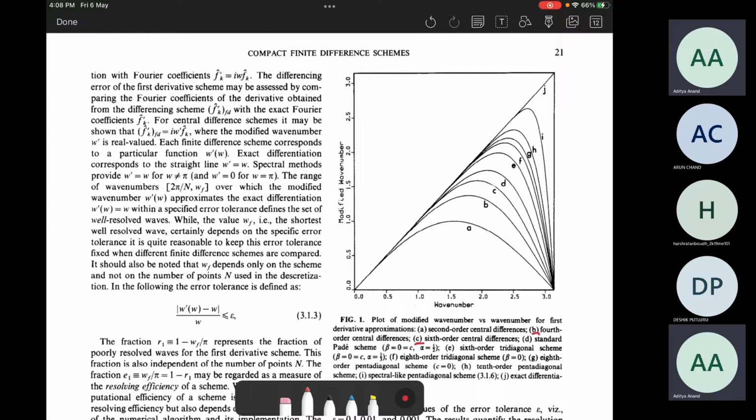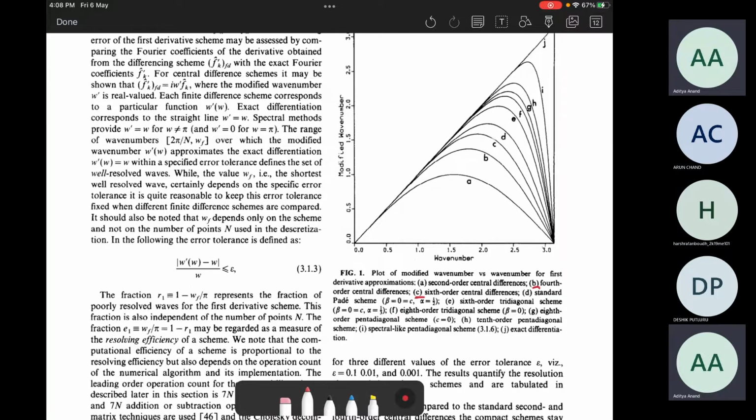C is the sixth order scheme. So you see the resolved wave numbers increase as you go up in order. However, you'll see that there is a difference with the spectral like pentadiagonal scheme.